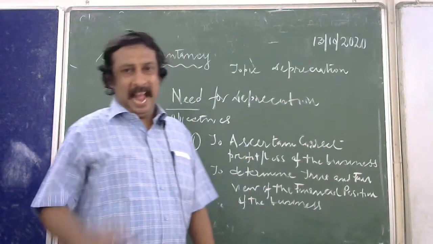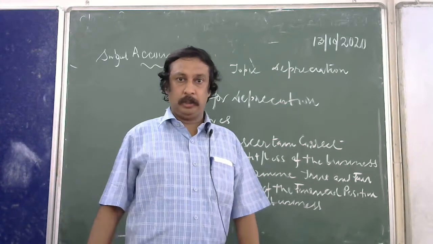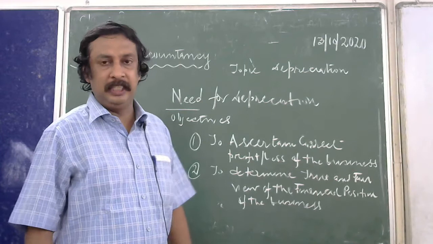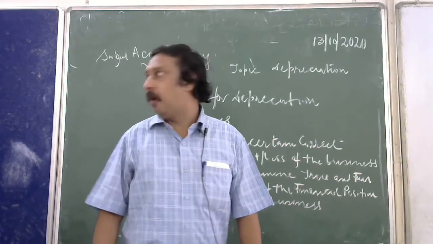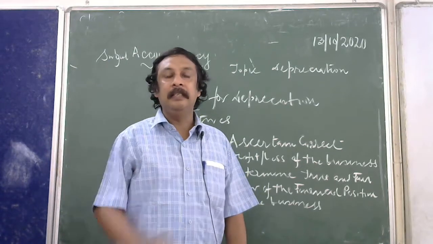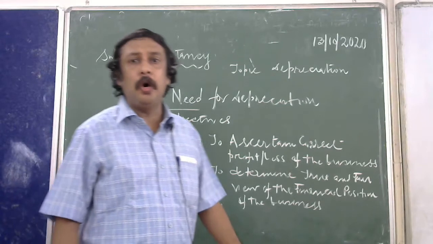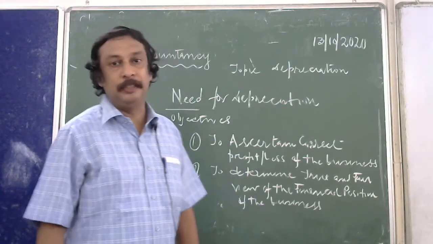Now, an asset is shown at historical cost less depreciation in the balance sheet of the concern. If depreciation is not charged, then what will happen? We will be required to show the value of the assets at an inflated price.